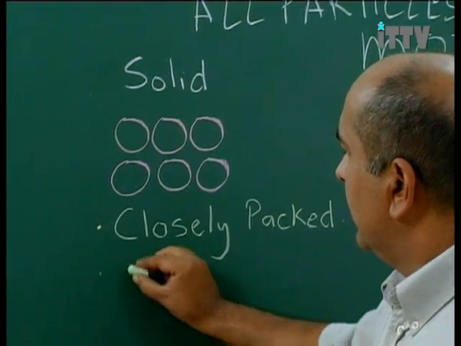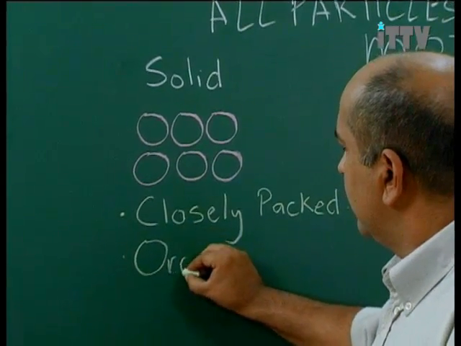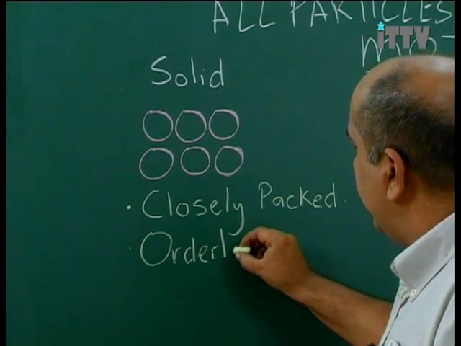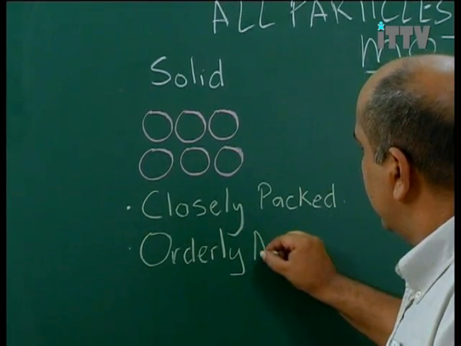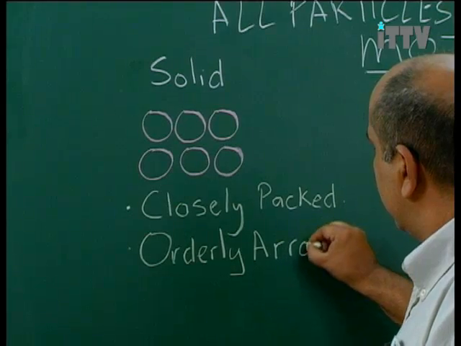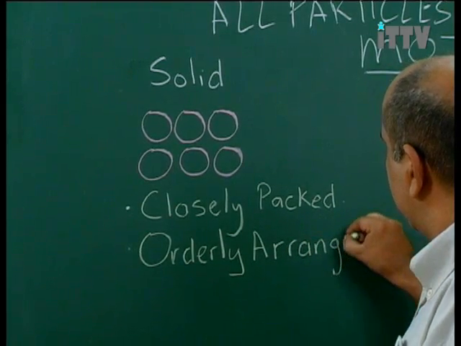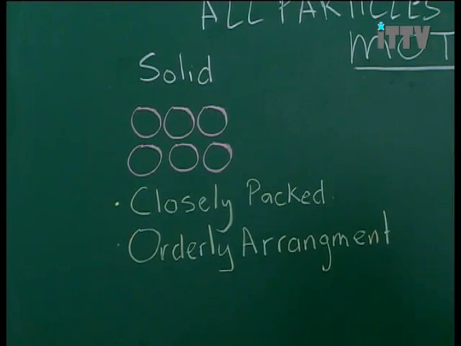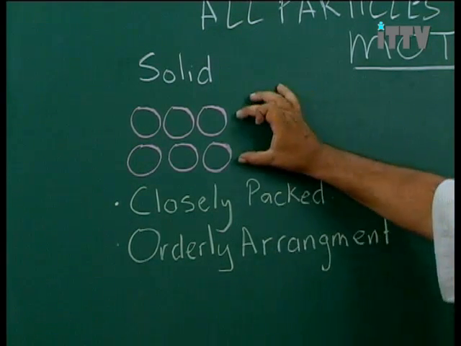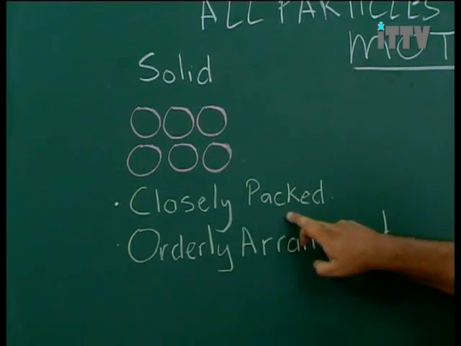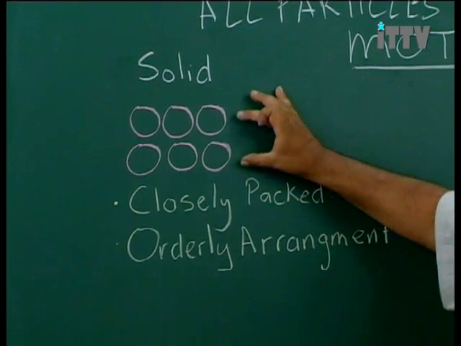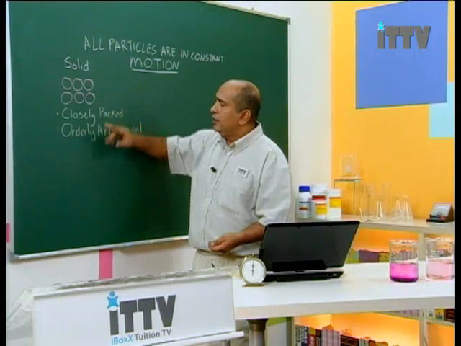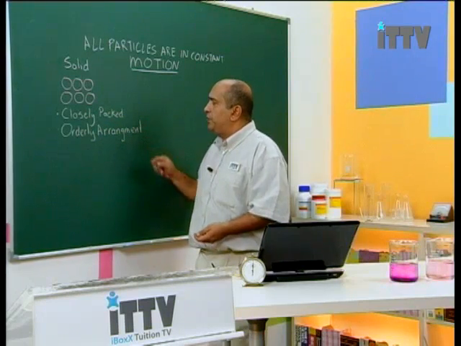Number two, they have an orderly arrangement. So this is our solids. The particles are very closely packed to each other. The particles, one layer sits neatly on top of another layer. We have what is called an orderly arrangement.